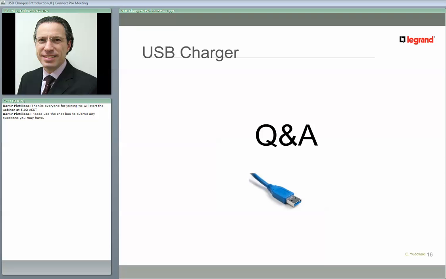No, they are directly wired into the power circuit. The USB charger is plugged into the socket. It's mechanically attached to the GPO, the general purpose outlet, and the 240 volt side is actually wired straight into the socket itself. So we use the circuit breaker of the GPO as the circuit breaker for the USB charger as well. There is another question in here.